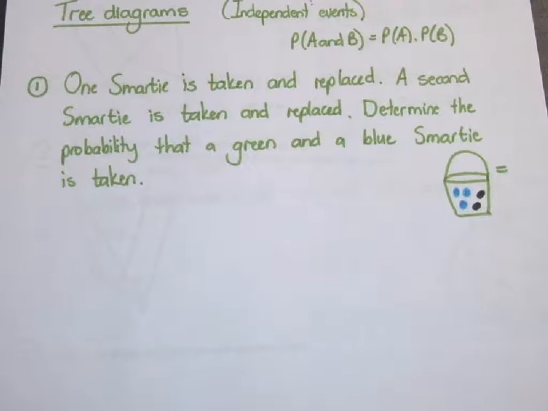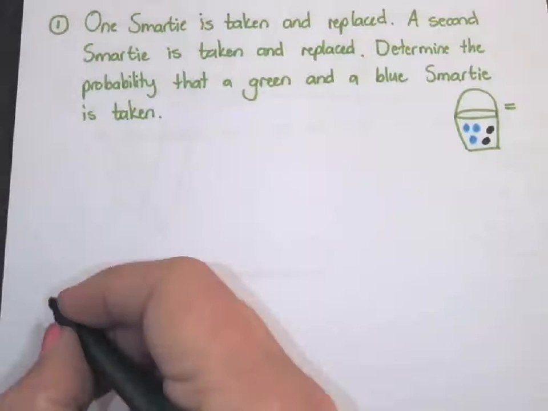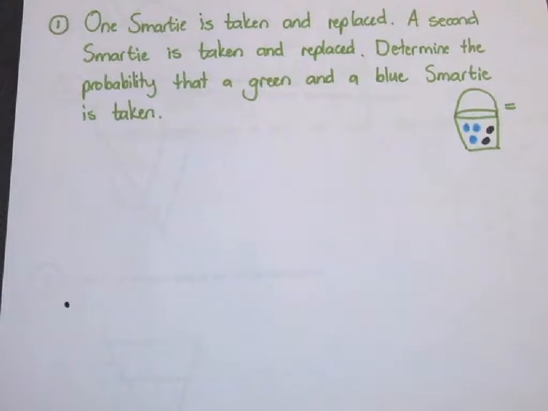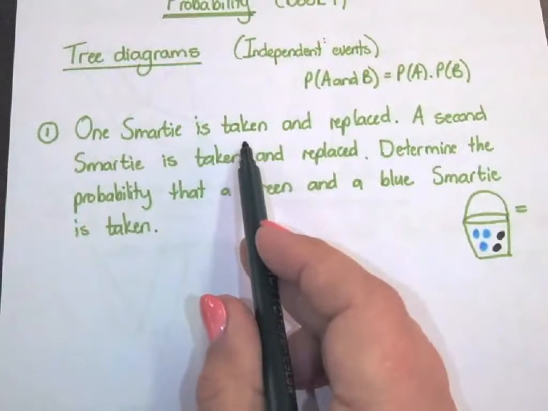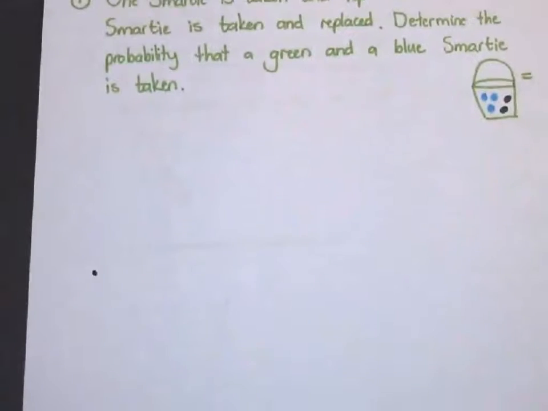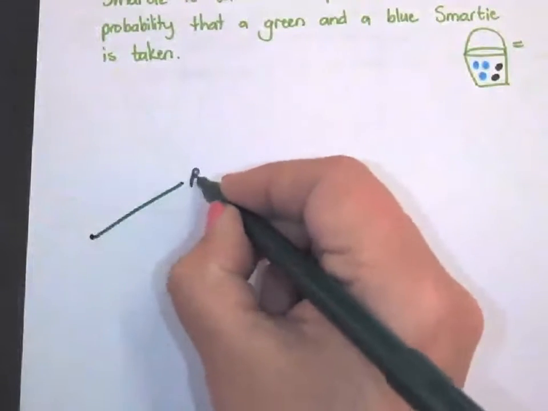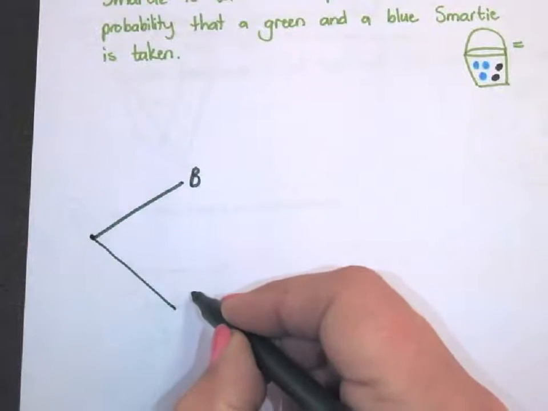We always start a tree diagram with a dot on the left, and we do the first action. What is the first action? Take a Smartie. So you can either take a blue Smartie or a green Smartie.